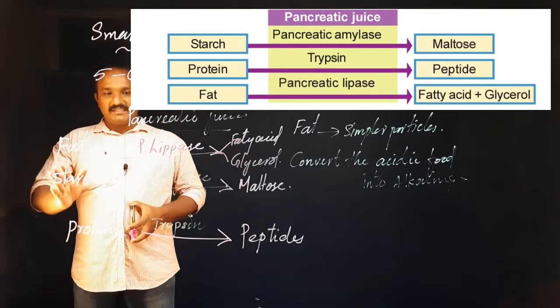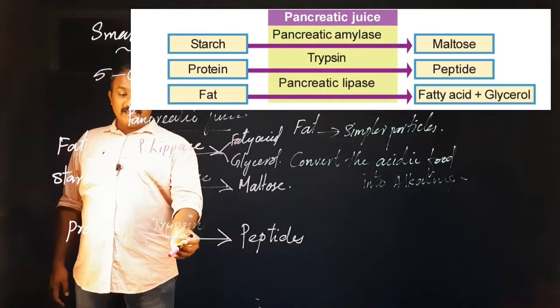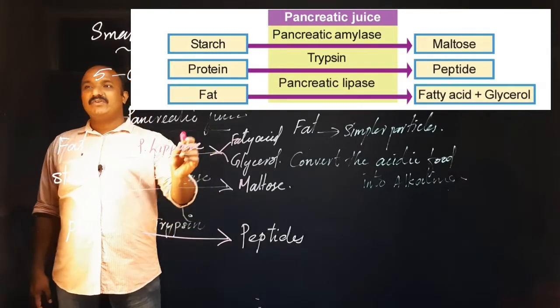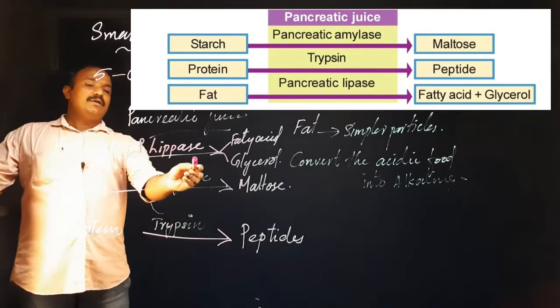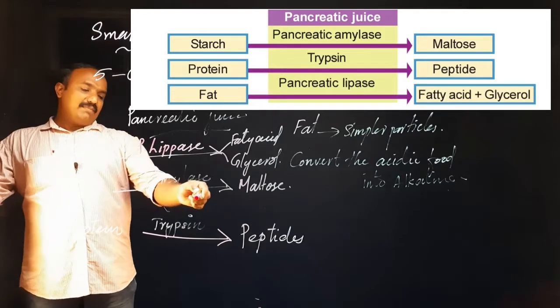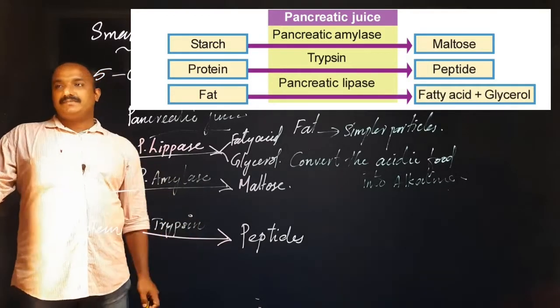These are the three enzymes present in the pancreatic juice. Which are the enzymes? Look here: pancreatic lipase, pancreatic amylase, then trypsin.